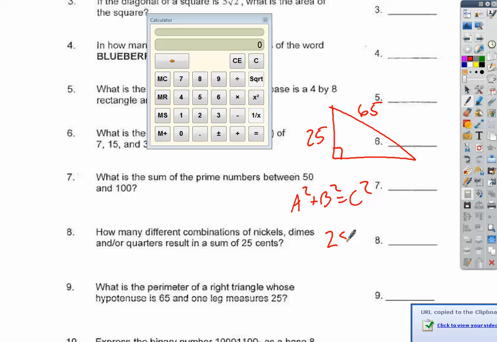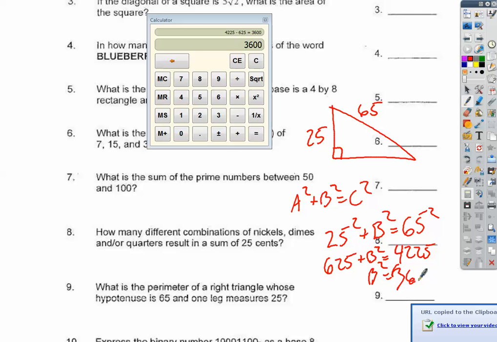So 25 squared plus b squared is equal to 65 squared. So 625 plus b squared is equal to 65 squared. So subtract it out. So b squared is equal to 3600, and then take the square root of that. It's going to be 60.